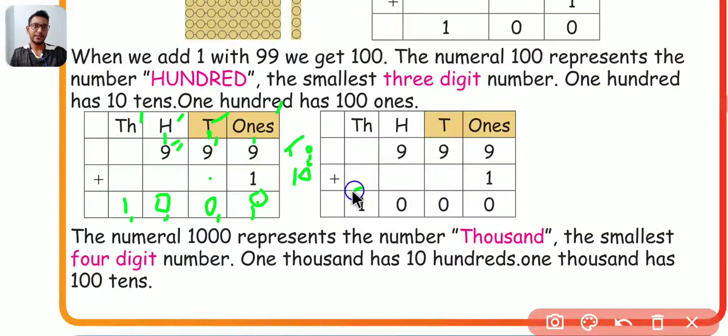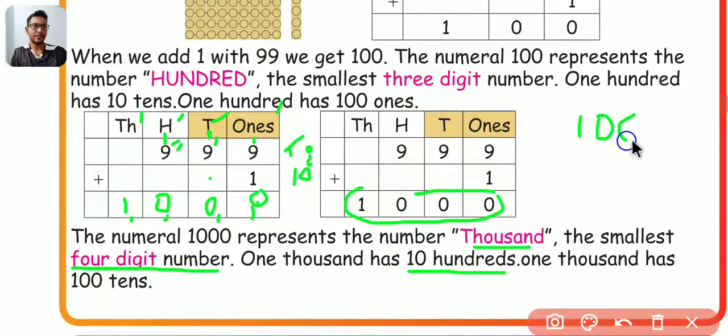So here they are giving the answer. That's all. So the numeral 1000 represents the number 1000, the smallest 4-digit number. I already told you 1000 is the smallest 4-digit number. 1000 has how many hundreds? 10 hundreds. So in 1000 how many hundreds are there?